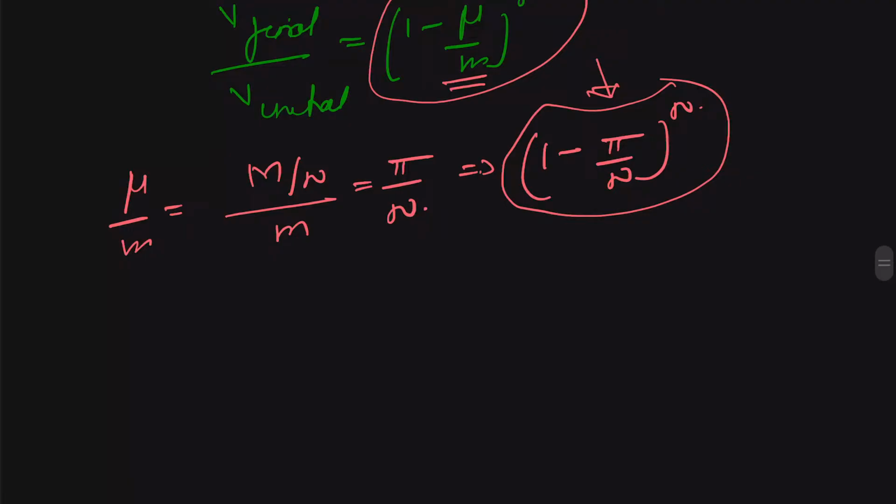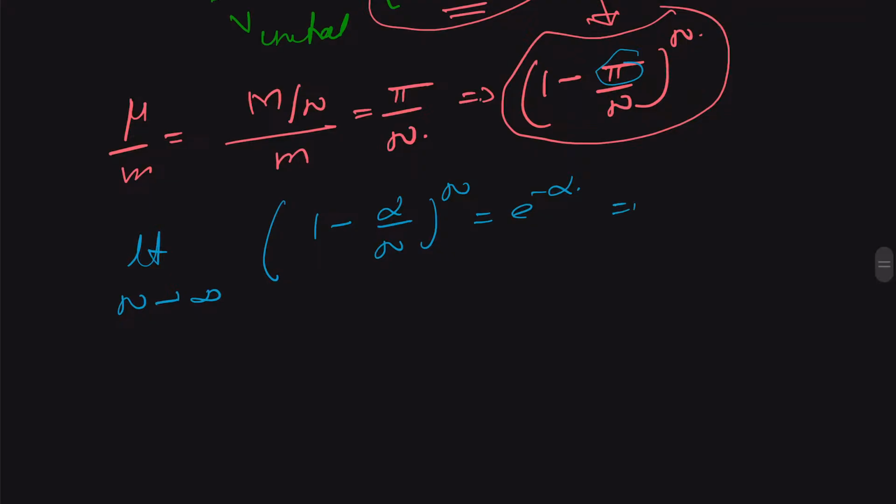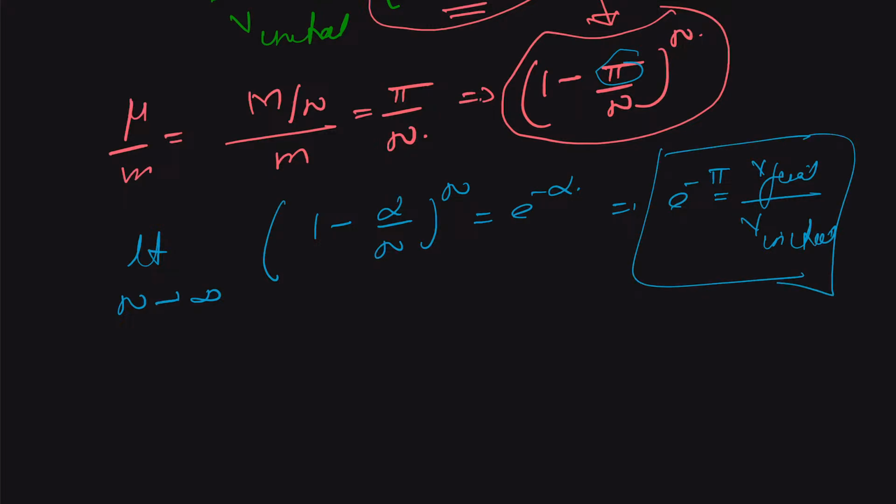First of all let's write the general formula, 1 minus alpha upon n whole raised to power n, is equal to e raised to power minus alpha, and here alpha is nothing but our pi. Therefore this is equal to e raised to power minus pi, and this is the ratio of their final velocity to our initial velocity. That was our part B.